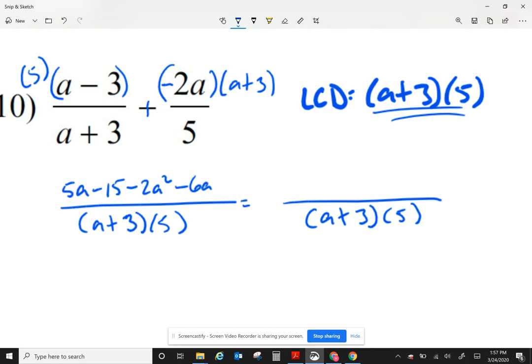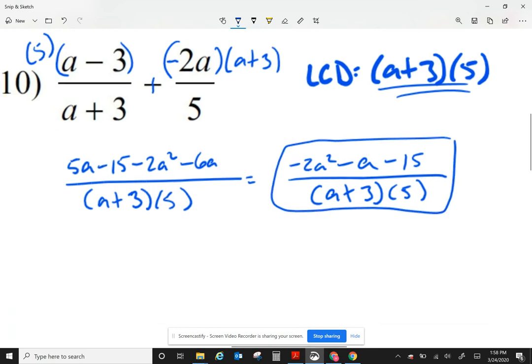Now on the top, I have many terms. I'm going to combine like terms, starting with the highest exponent. So I have negative 2a squared minus 1a, so I'm just going to write it negative a, minus 15. That's how I will write it on the test.